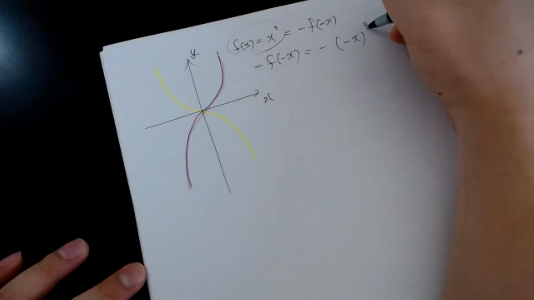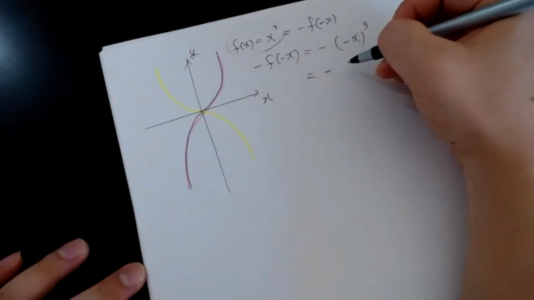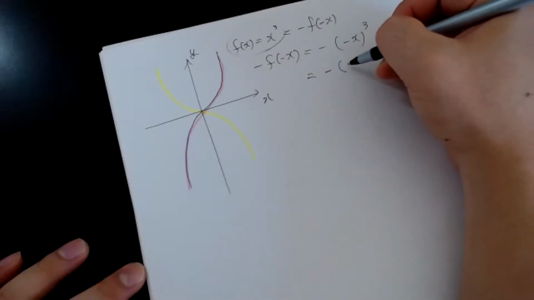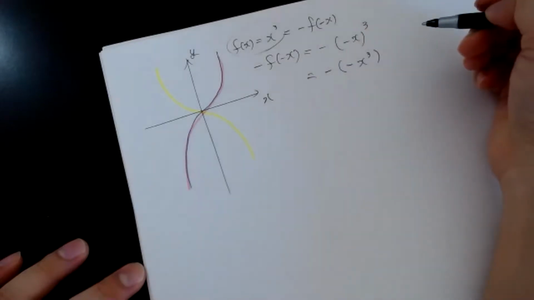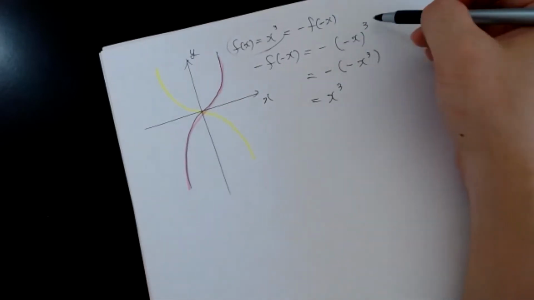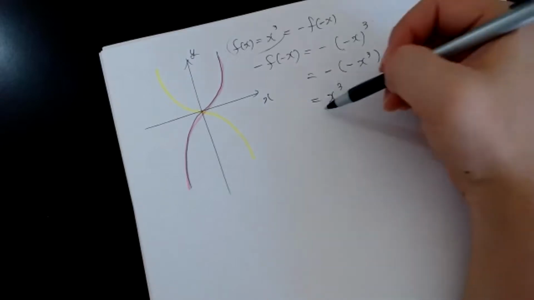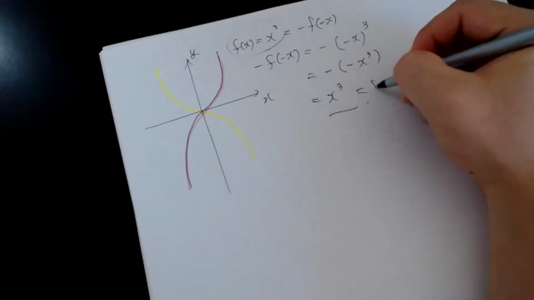Negative x cubed, right? This is equal to negative x cubed, right? Because negative x cubed is negative x times negative x times negative x, which is negative x to the third power. So we got this, which is exactly the same as f of x, right?